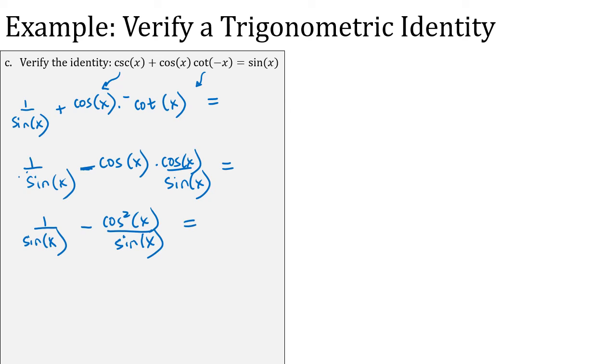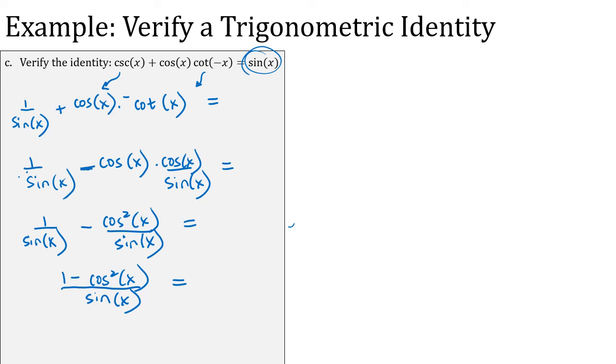Remember, I'm trying to get this to equal the sine of x, so that denominator is going to have to go away at some point. Speaking of the denominator, I notice that each one of these denominators is the same. So I could rewrite this as 1 minus cosine squared x all over the sine of x, couldn't I? I just combined those numerators. And now it looks pretty good.